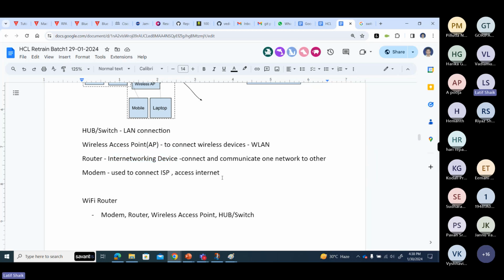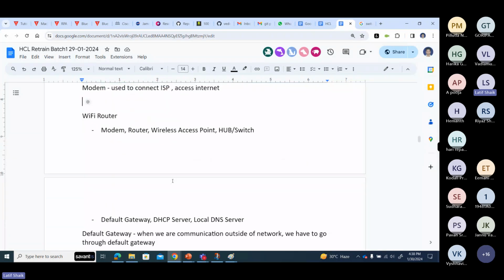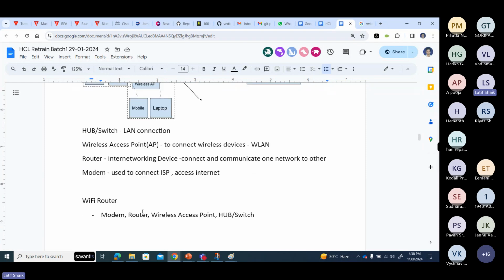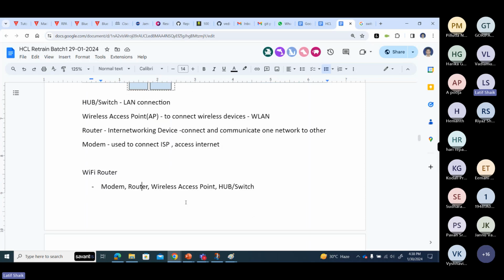Modem is used to connect to your ISP, Internet Service Provider, to access the internet. So your Wi-Fi router acts like a modem to connect to the ISP to get internet. The router is to connect and communicate between different networks, inside network to outside, outside to inside. Wireless access point is to connect wireless devices, your wireless LAN.